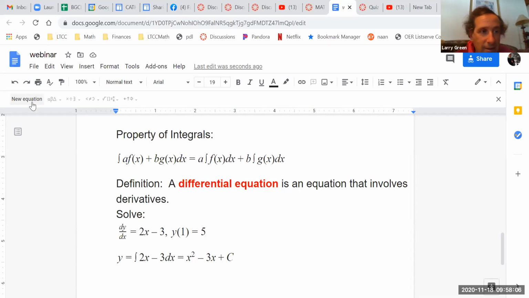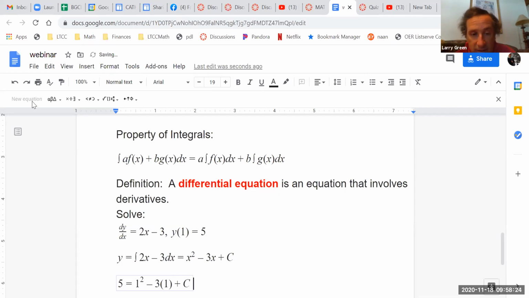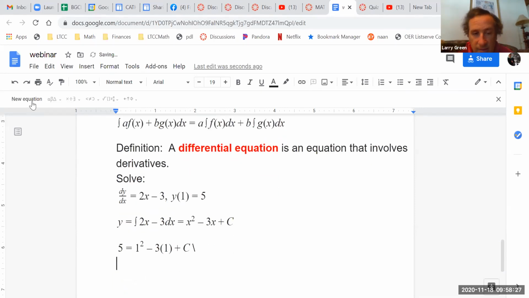So now we can say, well, y is 5, so I can put a 5 for y and go equal. And then x is 1, so I go 1 squared minus 3 times 1 plus c. Any questions on using the initial value to get this c?